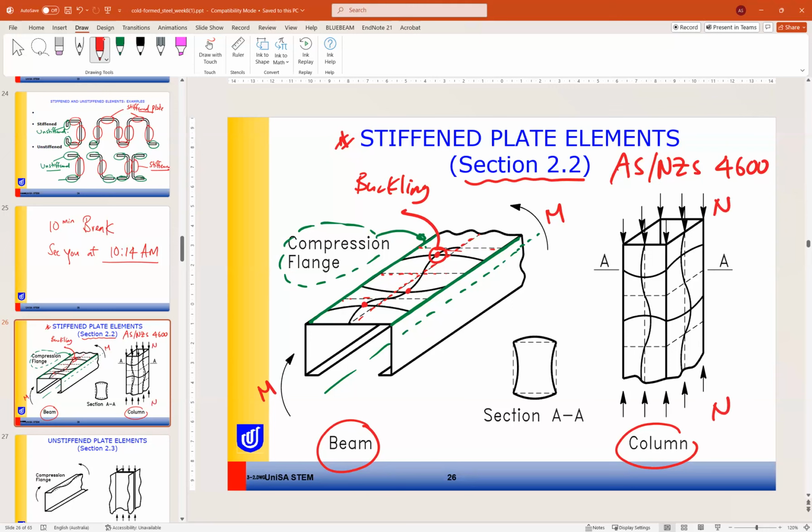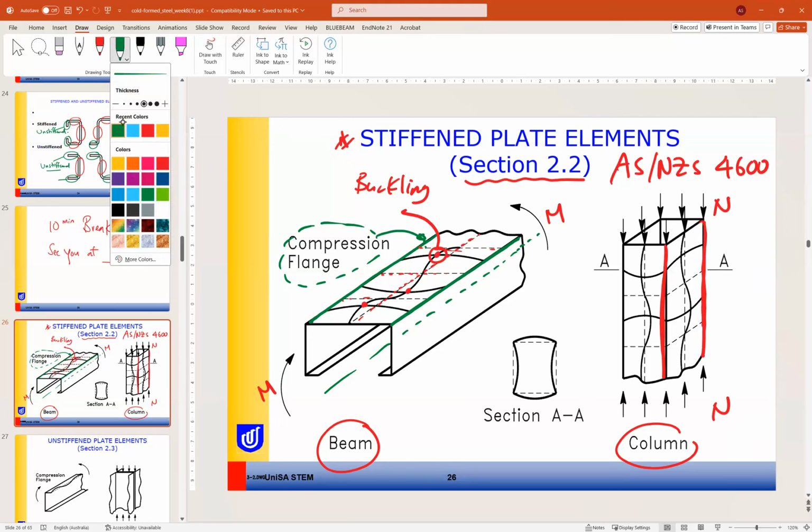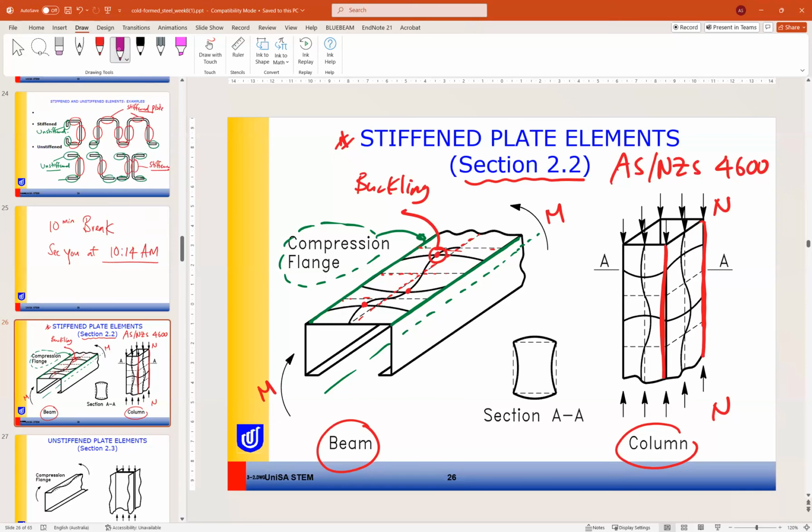So if we look at any plate of this, let's talk about the side plate here. As you can see, these are stiffened edges. So these edges cannot move and only these points here can move.